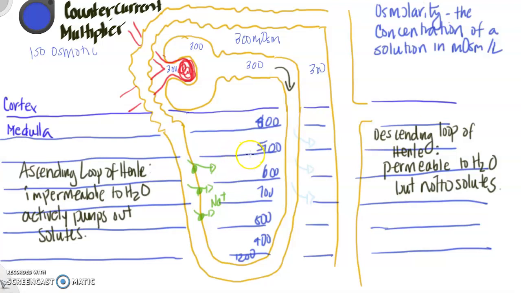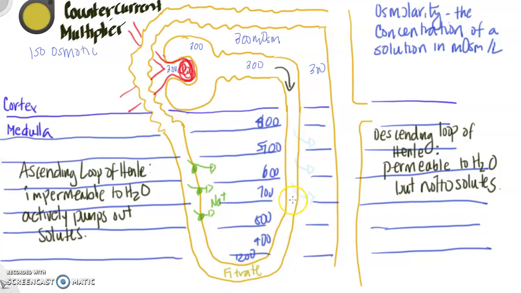That's keeping it really salty, and keeping water moving out of the descending loop. So by the time the filtrate gets to the bottom, it's really, really concentrated.